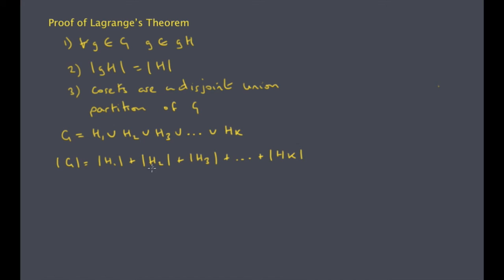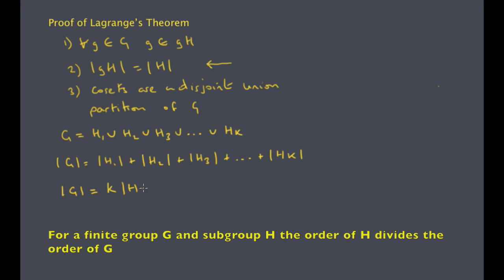But up here we showed that all the cosets have the same order, and this is the same order as H, so we can now write that the order of G, there are k cosets, so it's k times the order of H, and that completes the proof of Lagrange's theorem.